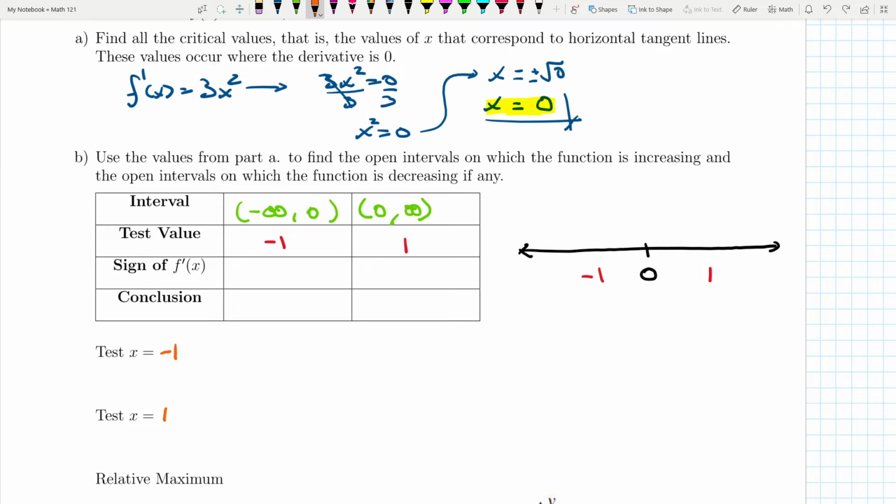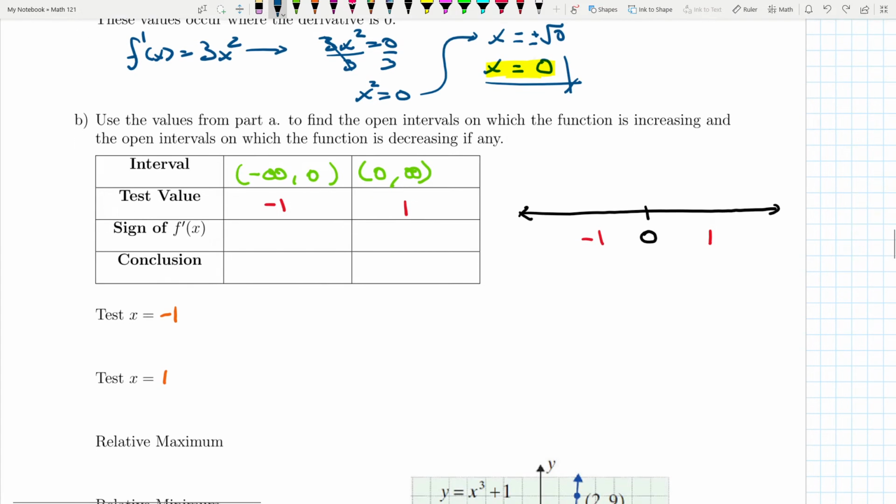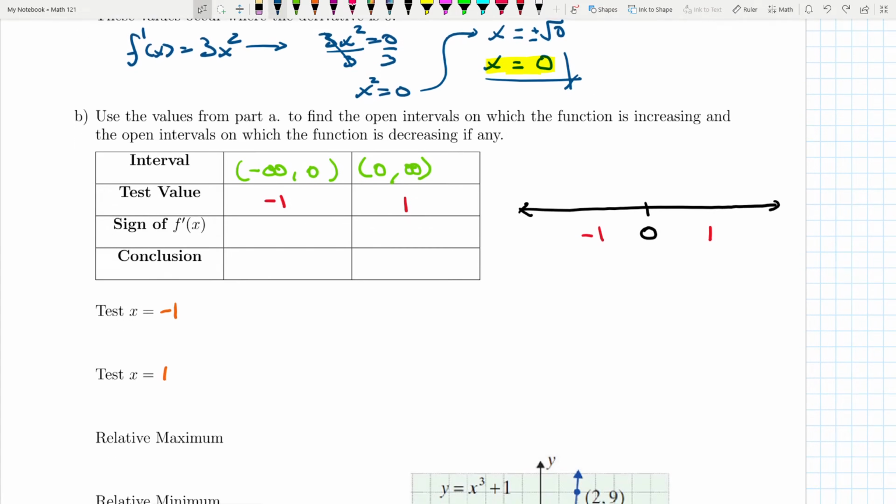Testing those values in the derivative will tell us the sign of the derivative to later conclude that the function increases or decreases. So f prime evaluated at -1, that'll be 3 times -1 squared, and same over here, f prime of 1 is 3 times 1 squared.